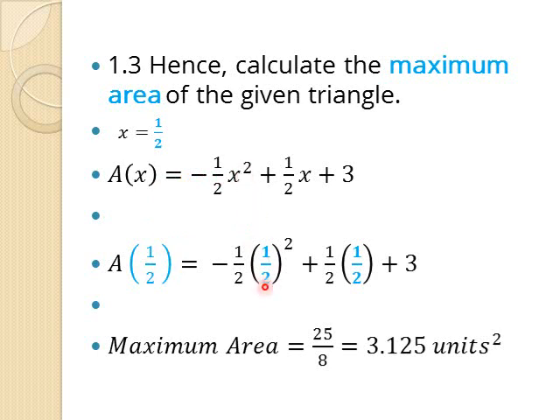So x squared became half squared. x there half plus 3. That gives me 1 over 4 minus 1 over 2. If we multiply, it would give me minus 1 over 8 plus 1 over 4 plus 3. On your calculator, you should get a value of 25 over 8. Or we can write it as 3.125 units squared. Right, so that is for my maximum area.